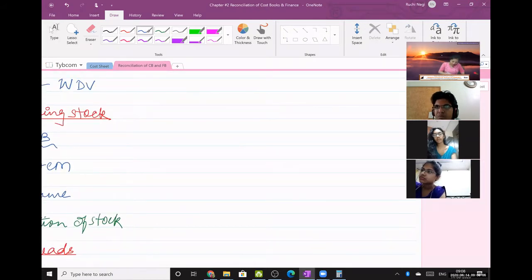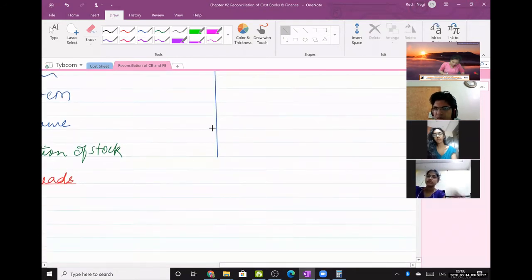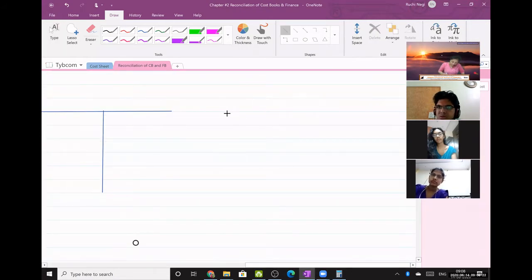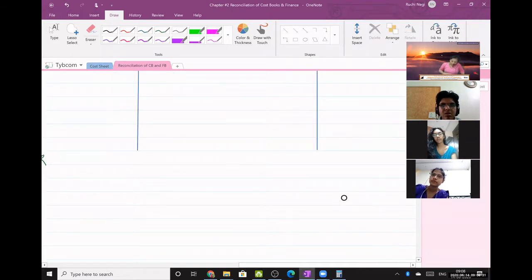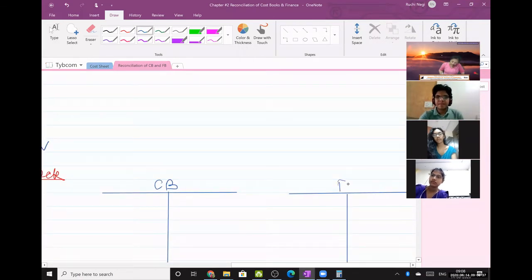Just try and understand the example, students. So this is my cost books and this is my finance books.